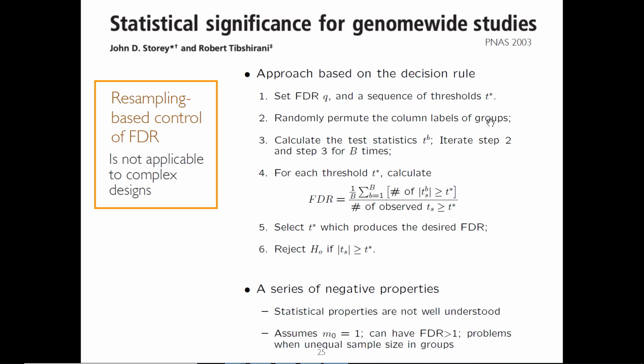If the null hypothesis is true, it means that there is no difference between the groups, so the labeling of a sample in the group doesn't really matter. If the protein abundance is the same between the groups, we can shuffle which sample belongs to which group, and it will not change anything. And so here we permute things like that. Then we calculate, for example, our signal-to-noise ratio. We will do this many times, permuting many times over, and we estimate the false discovery rate like that.